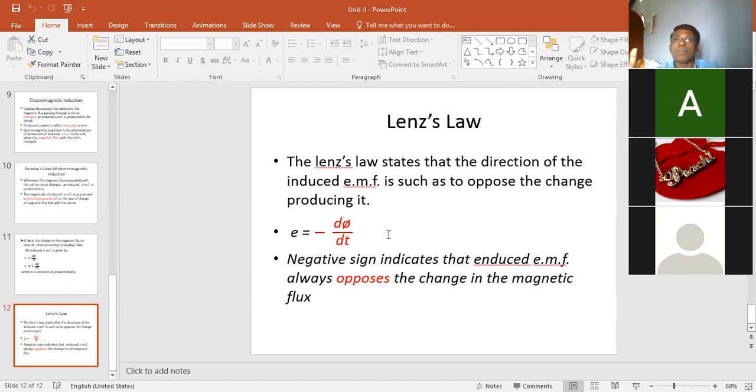Whenever the magnetic field is created in the first coil, the second coil, being very close to the first coil, is in the magnetic field created by the first coil. So as the second coil is in the magnetic field of the first coil, some magnetic lines of force, that means the magnetic flux of the second coil, will change.